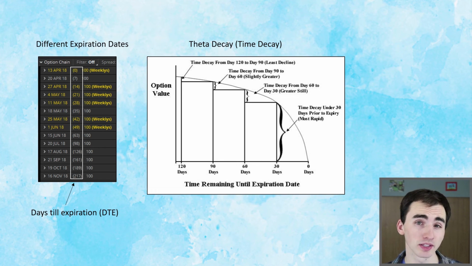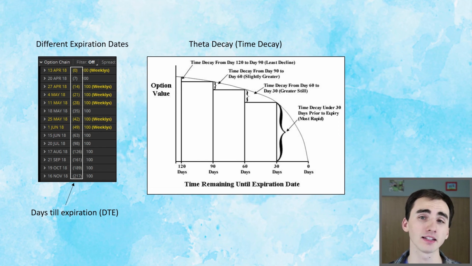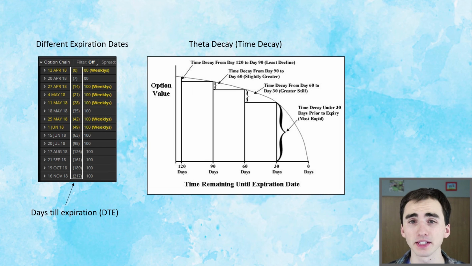Now, as you see with this graph, theta decay isn't linear. Theta decay goes faster and faster as it gets closer and closer to expiration. So if you buy an option with 120 days out, the theta decay or time decay is going to be a lot slower than if you buy an option with 30 days or less. That is something to keep in mind when buying options.